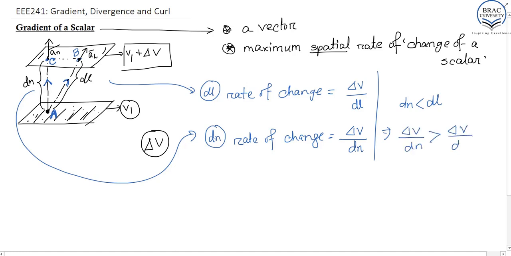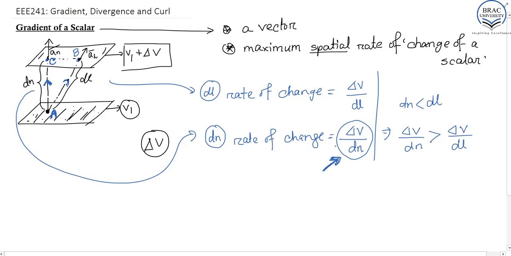So when you're traversing in the AC direction to get to the V1 plus del V equipotential surface, starting from the bottom equipotential surface, you are getting a higher value of the rate of change. So this will be the direction of the maximum spatial rate of change, and this will give you the value of the maximum rate of change, okay?